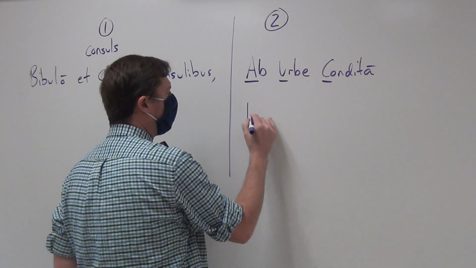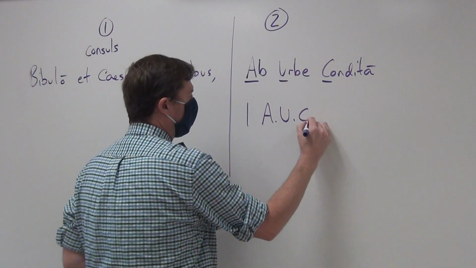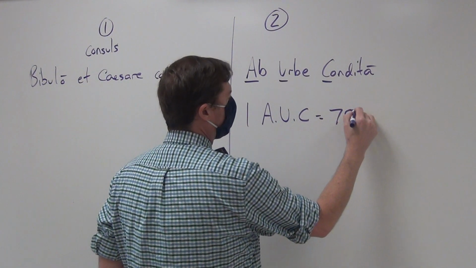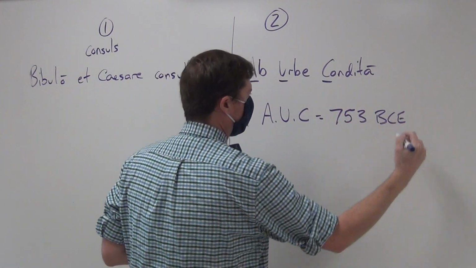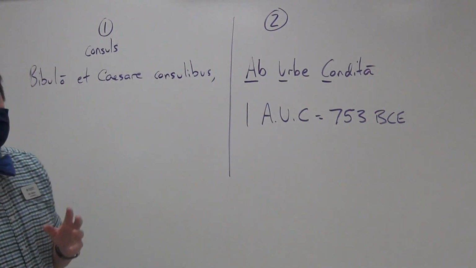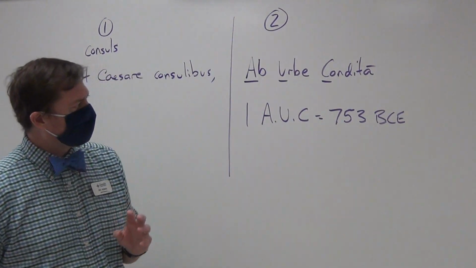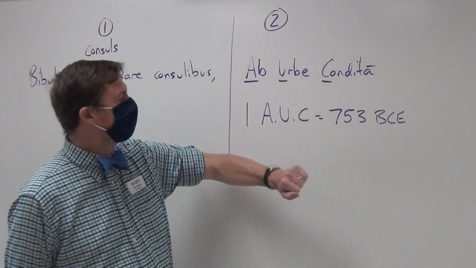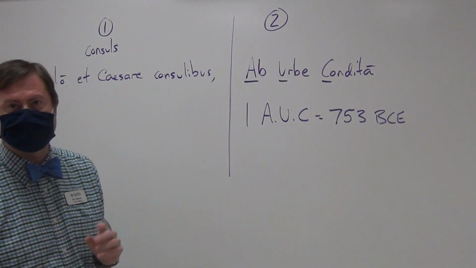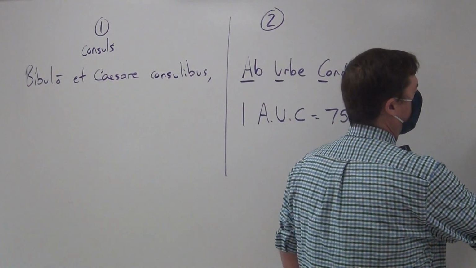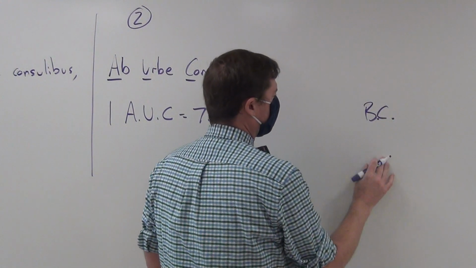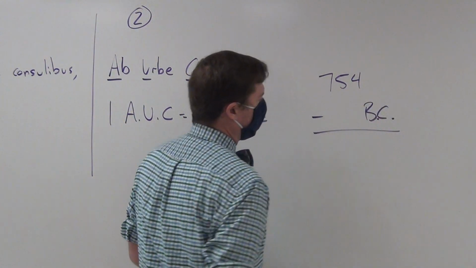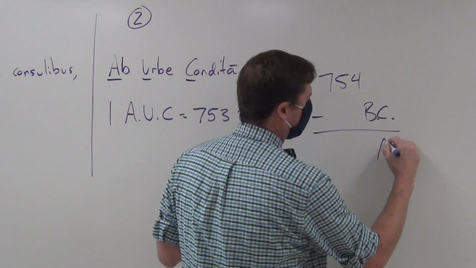So their year 1 AUC is going to become the equivalent of our year 753 BCE. And the way then that you can figure it out from our dating system, BCE and CE or BC and AD, and their dating system, AUC, is the following. If the year in question is a BC year, you subtract it from the number 754. And that gives you the year AUC.